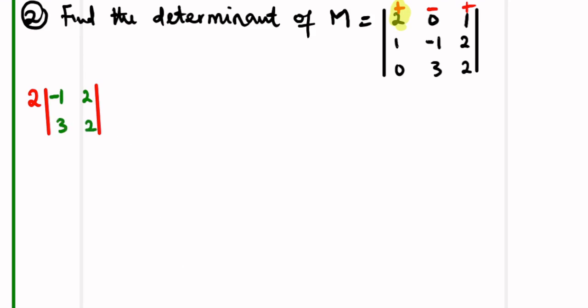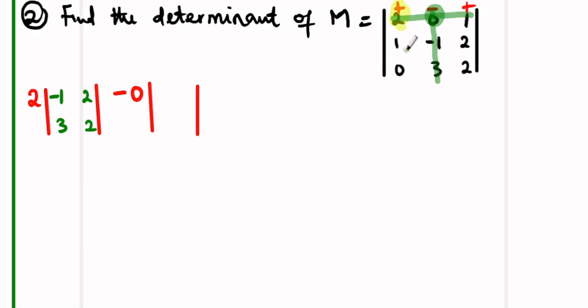So now we'll move to the next element on the first row. The next one is we'll have our minus 0, and then the 2 by 2 matrix we'll be forming. So we're going to be removing the row and column associated with the number 0. This is the row associated with the number 0, and this is the column associated with the number 0.